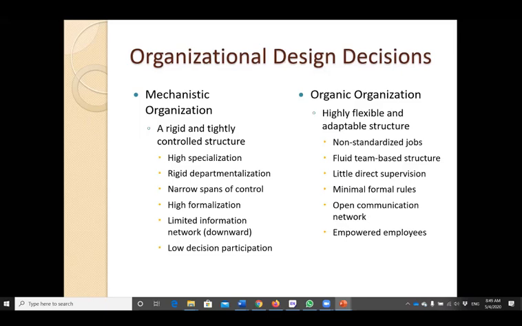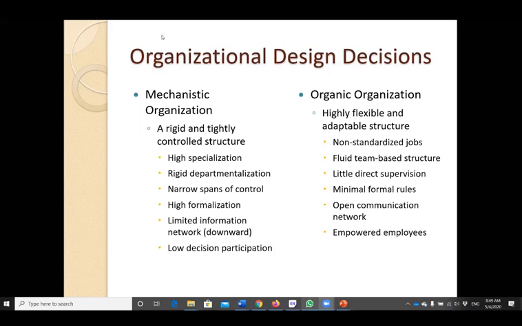So how about your current organization now? Is it very rigid like mechanistic, or is it more flexible like organic? Can you tell me a little bit about that, Mr. Nguyen? About your organization?